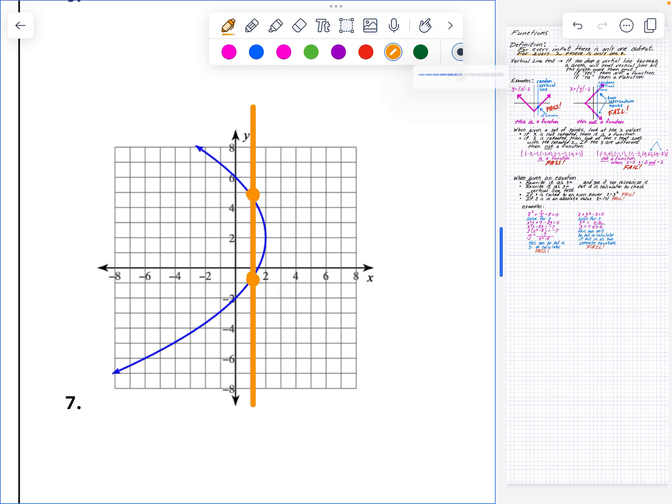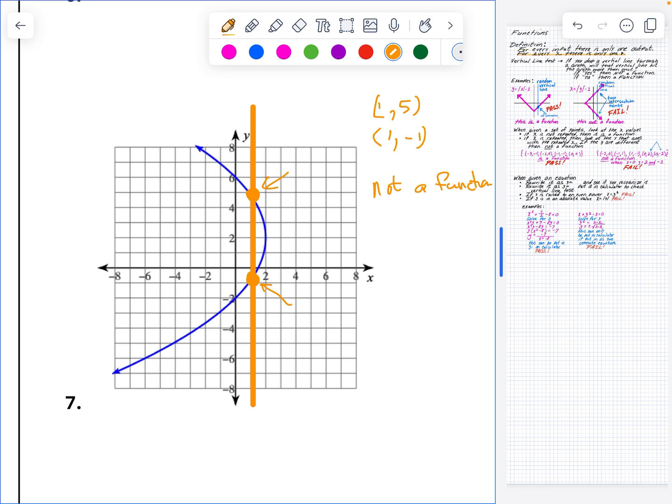In other words, when x equals 1, y equals -1. But up here, where x equals 1, y equals 5. So when x is 1, there are two values of y. So this is not a function.